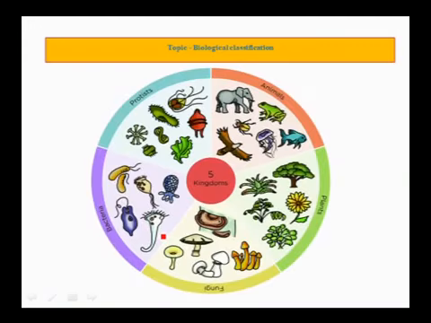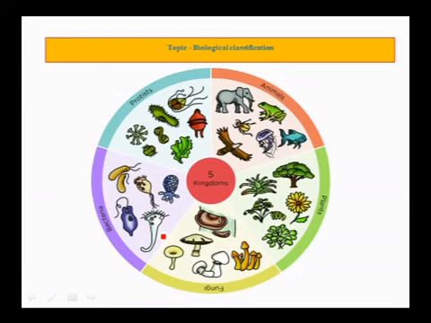Now let us see the next set of questions. These set of questions belong to the topic biological classification. Before starting with the questions, my dear friends, I would like to tell you what this chapter basically deals with. As you all know, biological classification deals with the different types of classifications, how living organisms were classified.